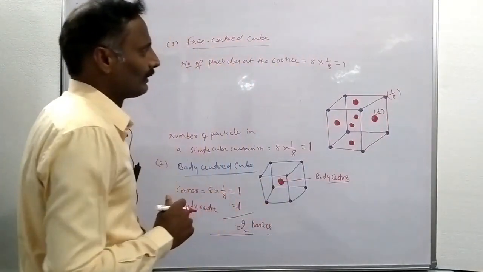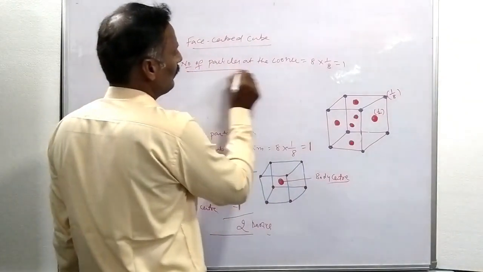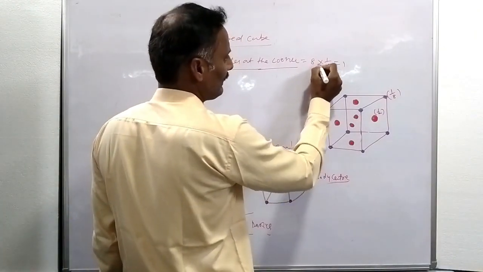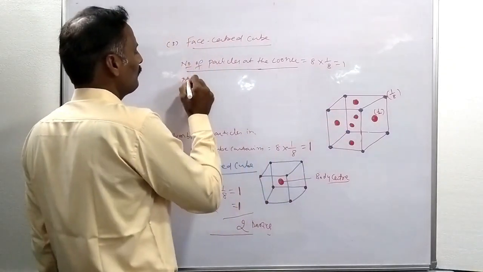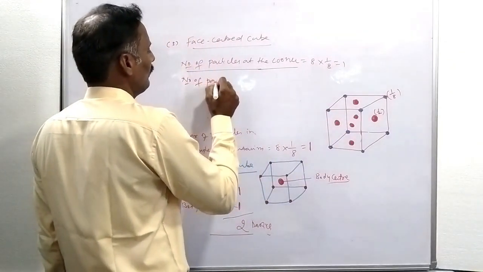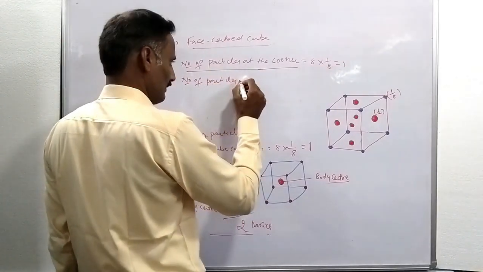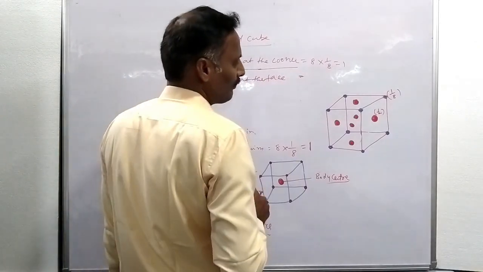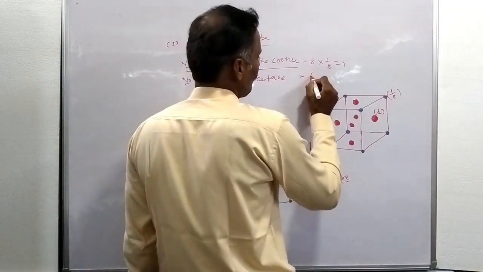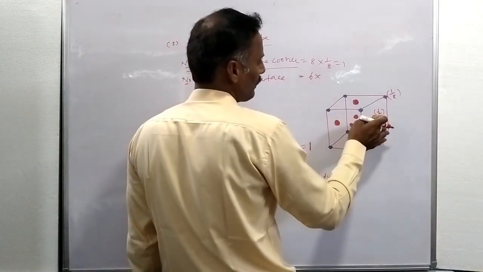Then the number of particles at the corner equals 8 into 1 by 8 equals 1 particle. Then the number of particles at the face: how many faces are there? There are 6 faces. What is the share of each particle at the face?